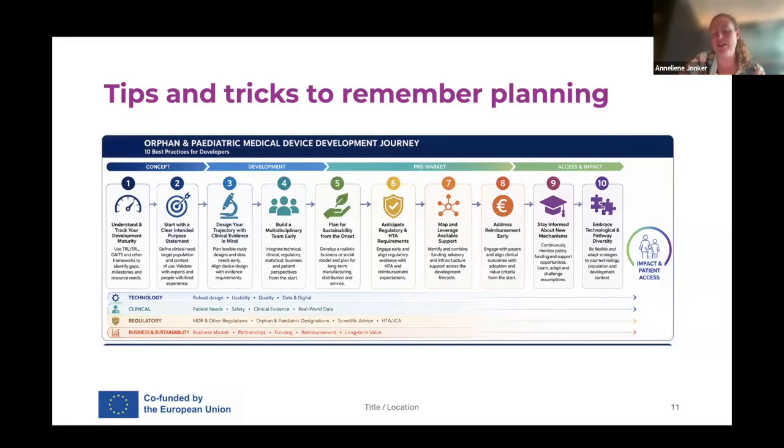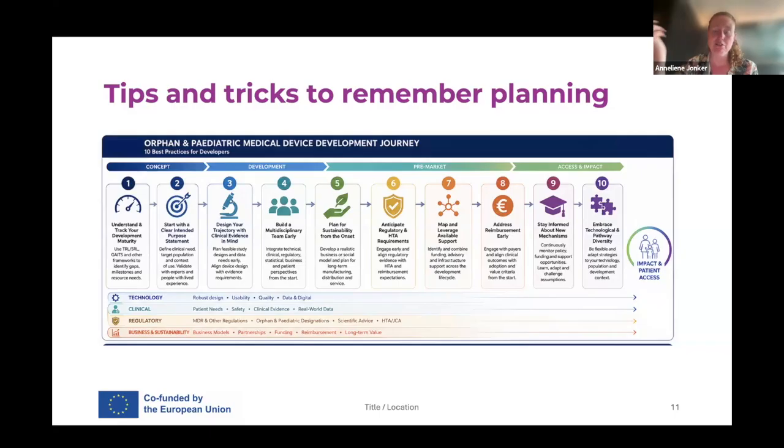Plan for sustainability from the onset follows from that aspect, to truly think quite early about how do I get it into the market, and not only start thinking about that whenever a regulatory approval comes along. Same is true to anticipate regulatory and HTA requirements already from the very early phases, before even starting the clinical development.